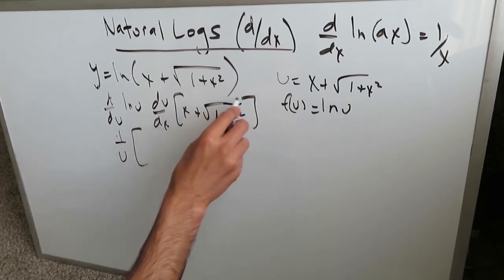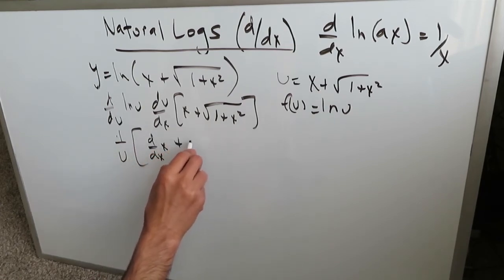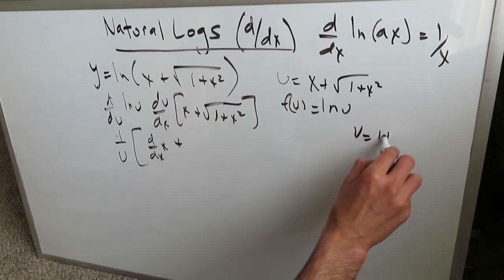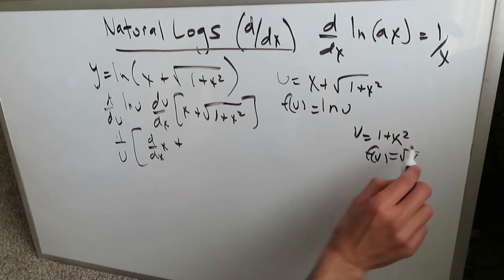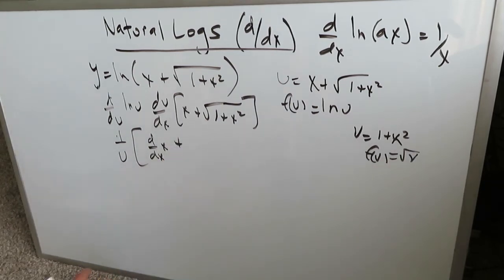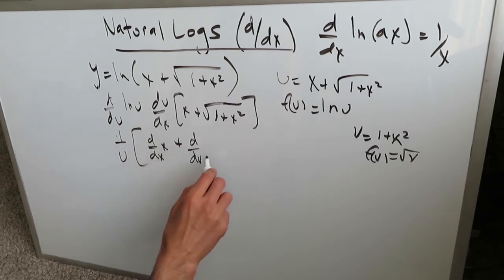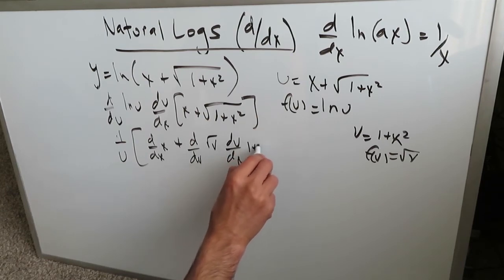because now we have to do the separate derivatives of this polynomial-like expression we have going on over here, d over dx of x plus, now we have another substitution because this is composite. If v is equal to 1 plus x squared, then the function with regards to v must be equal to root v. See, root v. Okay, derivative of x plus, now we have to bring in the second kink into it, d over dv of root v, and then dv over dx of 1 plus x squared.